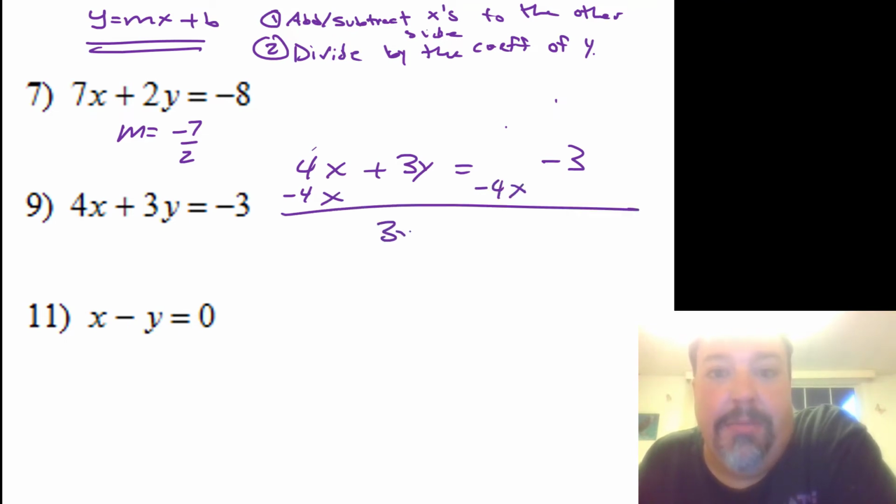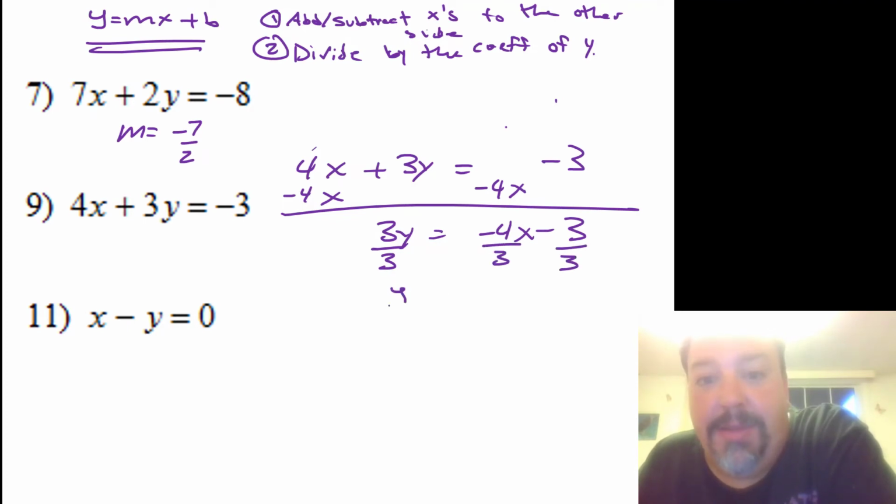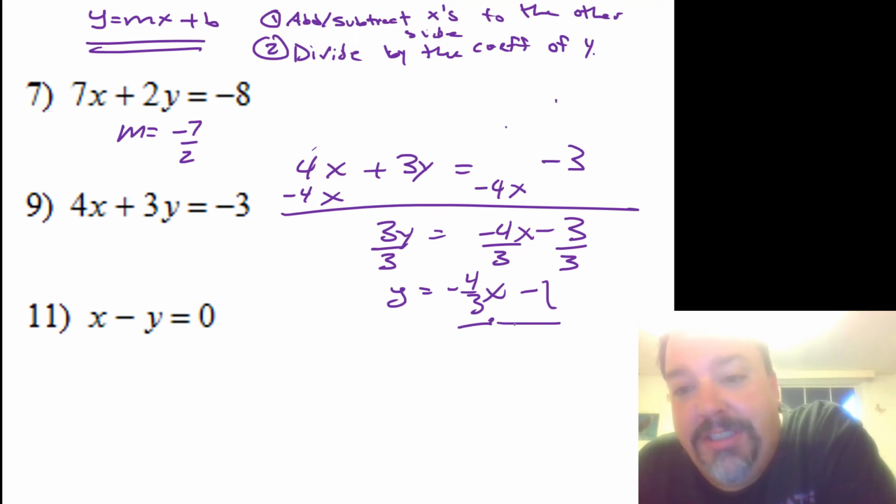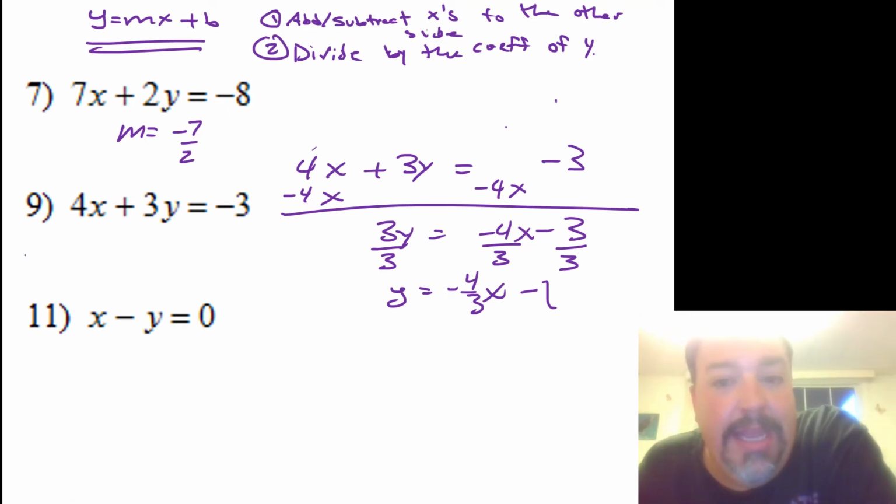That's going to give me 3y is equal to -4x minus 3. Divide everything by the coefficient in front of the y. That's going to give me y is equal to -4/3 x minus 1. And right now we're focusing on the slope, but eventually you want to make sure you have the whole thing correct because we are going to graph these. And we have a slope here of -4/3.